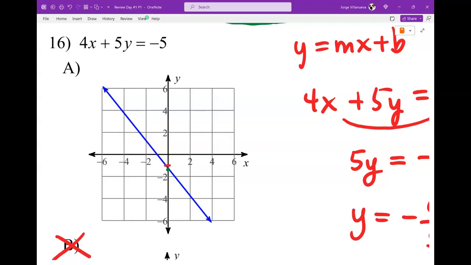But the answer, if I had to pick it, I would pick C. It just looks like it's more at negative 1. This one looks like it's a little bit below it, like at negative 0.6, negative 0.7, something like that. So yeah, this one's kind of confusing. That might be like negative 1.2 maybe. Something like that. I don't know. It's too close.